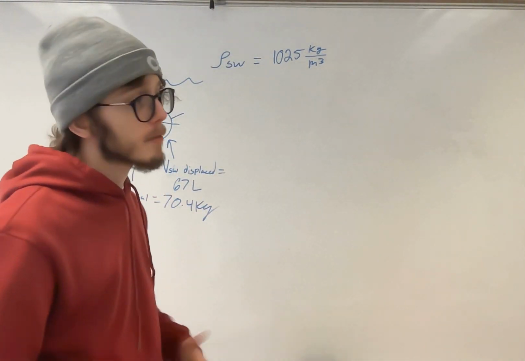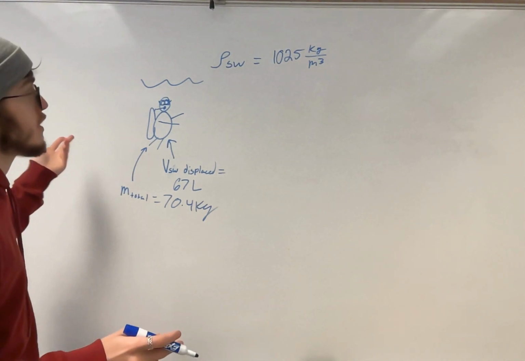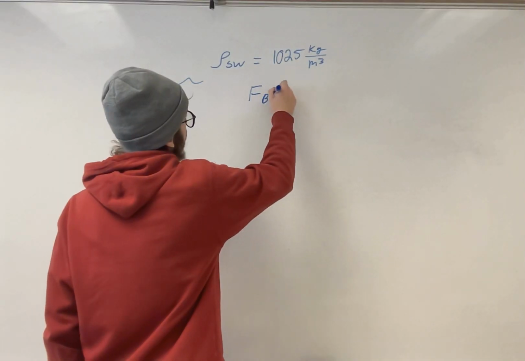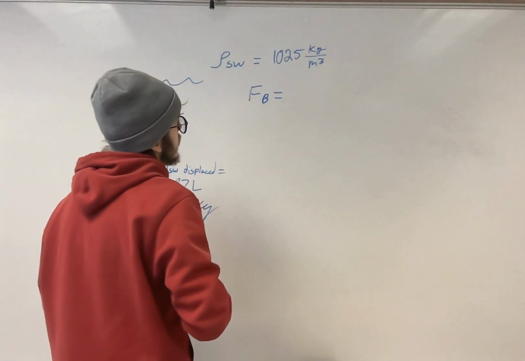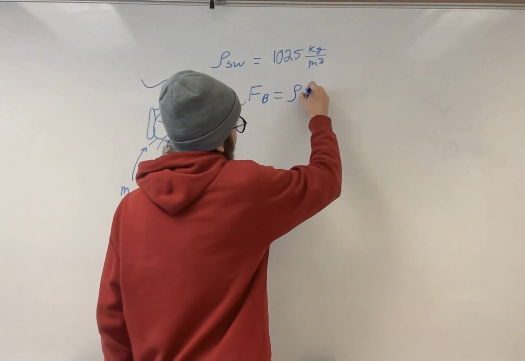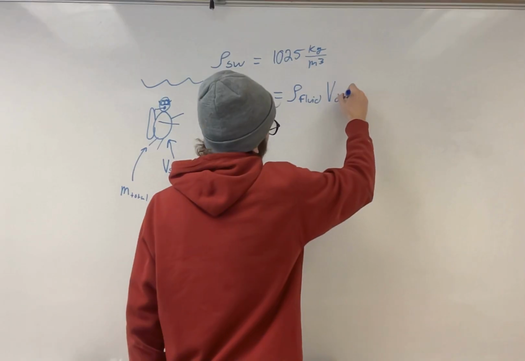Okay, so to start this question, we have to ask, what is the force of buoyancy here? Well, we know that the force of buoyancy is always equal to the density of the fluid that you're in times the volume displaced.